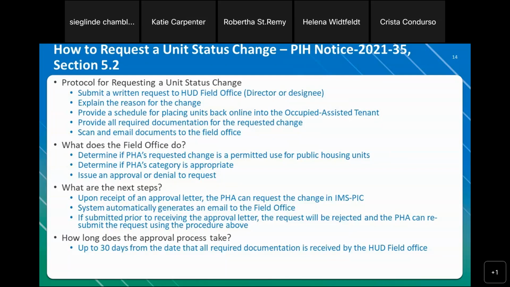Those time lengths are very important because you are monitored on your occupancy percentage and have to meet those benchmarks, and therefore you want to ensure that you're able to speak to how long a unit will be offline. And then, of course, anything that is being requested from you, you may need to provide upfront, or you have follow-up as you write your unit status change request for additional required documentation.